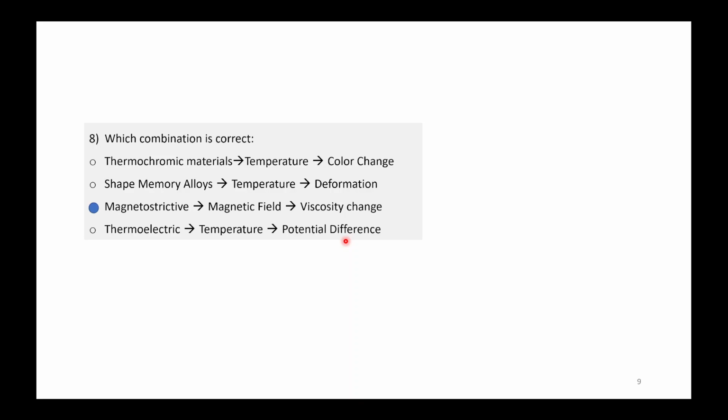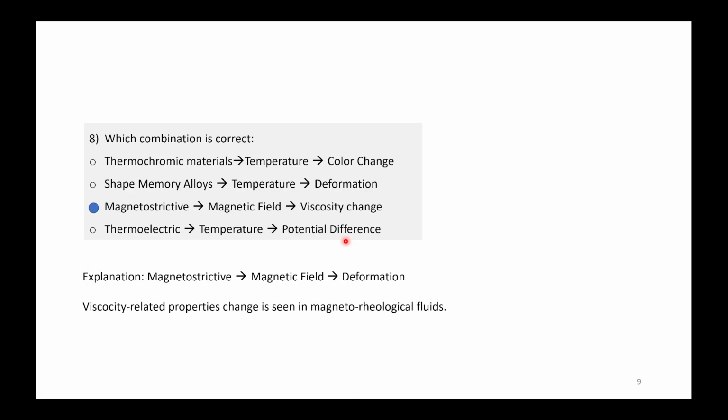So your answer will be C. Now in the case of magnetostrictive materials, magnetic field is converted into deformation, while when magnetic field is converted into viscosity change, it is called magnetorheological fluids.